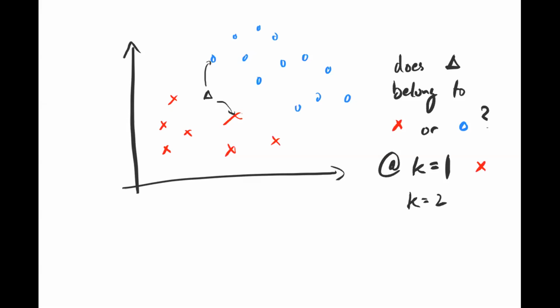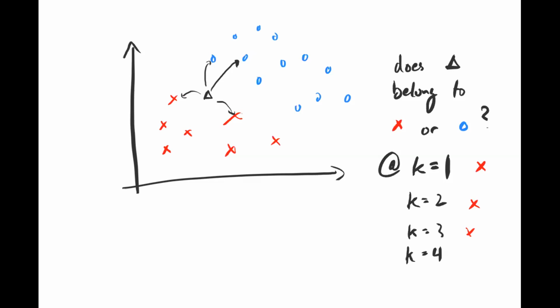So I think it should be a red X. And then at k equals 3, maybe the next closest one is this guy over here, in which case this would be an X. At k equals 4, maybe the next closest one is this guy, and then it's a tie.